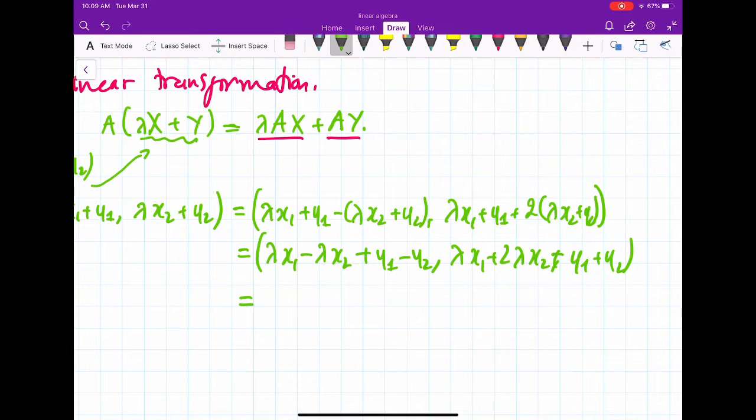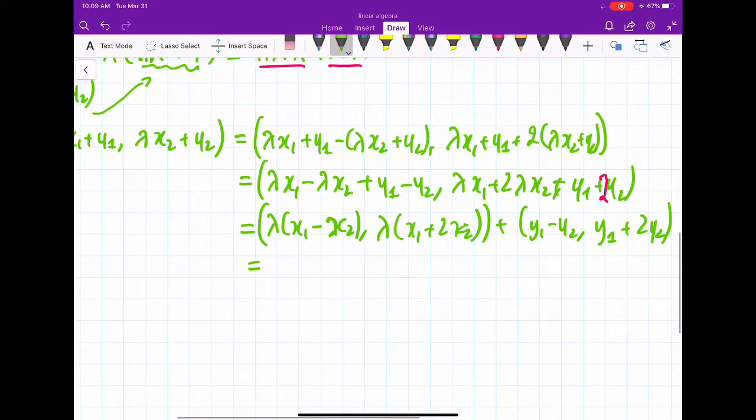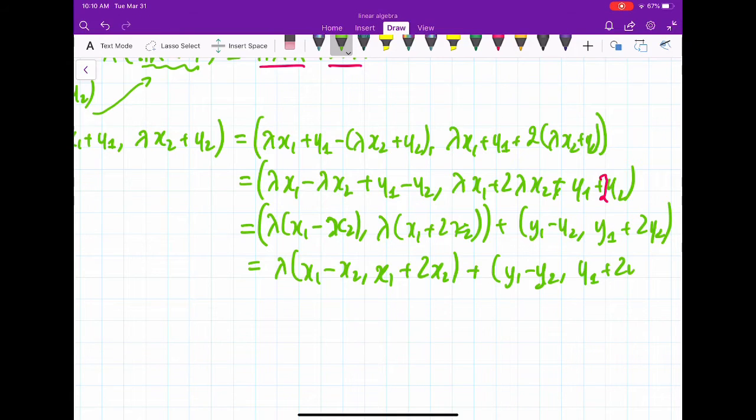Then we break this into a sum of two vectors: lambda times (x1 minus x2, x1 plus 2x2) plus (y1 minus y2, y1 plus 2y2).